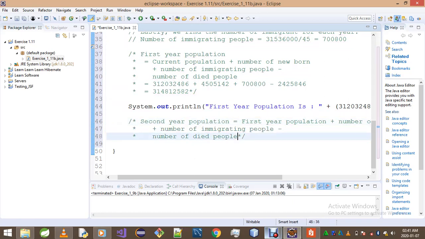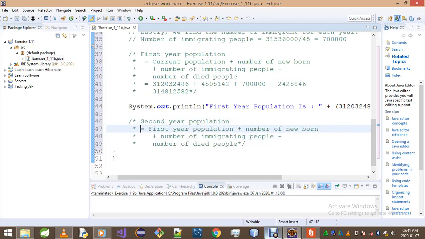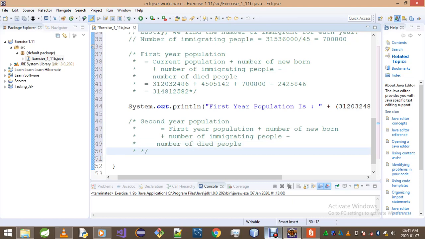Okay, this is how it works. It's gonna be first year population plus the number of newborns plus the number of immigrants, but minus the number of died people.